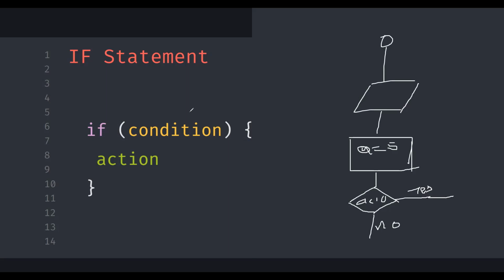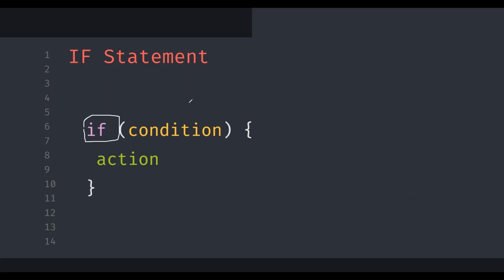So in C programming, this is how you do the coding. It should be the if keyword, then the condition, and within brackets you can add the action. Vikramasinghe, do you have any question? Okay. This condition should be a Boolean, right?